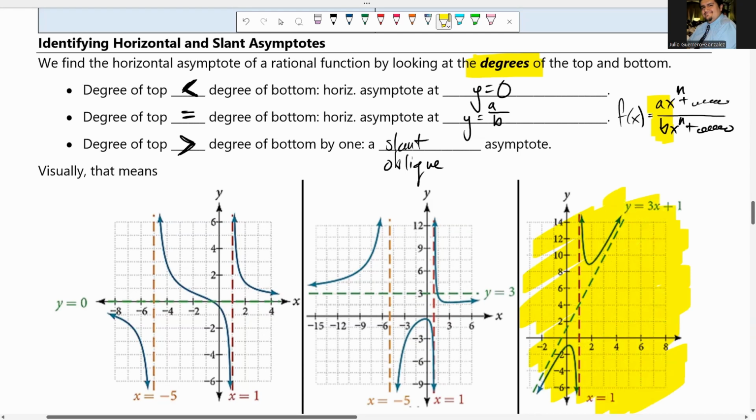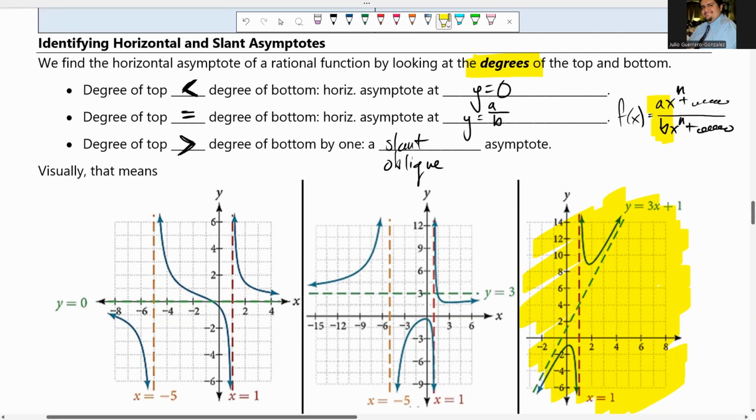If you've taken pre-calc before, the way that you find a slant asymptote is by doing long division with the polynomials. By doing that, you're going to get the equation for that slant asymptote. I am not going to concentrate on that for this class, so long as you can recognize that this thing is going to have a slant asymptote, that's enough for me.